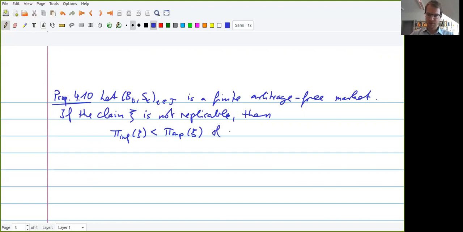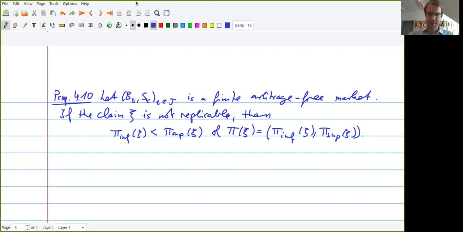And even, we can say even more, we know that the set of arbitrage-free prices is given by the open interval. So this infimum is really an infimum, and the supremum. So it's open to both sides.